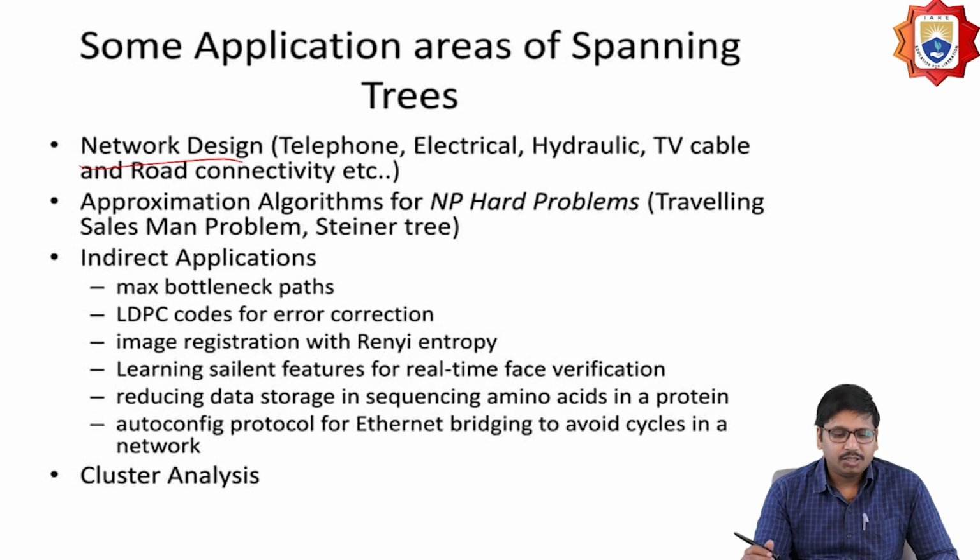Some of the other applications are max bottleneck paths, LDPC codes for error correction, image recognition, learning salient features for real-time face recognition, reducing data storage, sequencing amino acids in a protein, autoconfig protocol for Ethernet bridging to avoid cycles in a network, and cluster analysis. So these are some of the application areas of spanning trees.